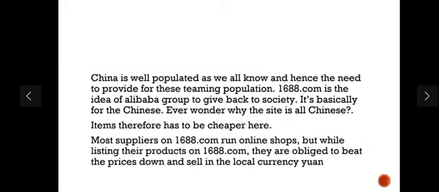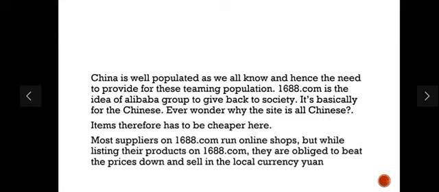China is well populated, we all know that, and hence the need to provide for this teeming population. 1688.com is the idea of Alibaba Group to give back to society. It is basically for the Chinese. Ever wonder why the site is all Chinese? Like we discussed before. So items therefore have to be cheaper there.